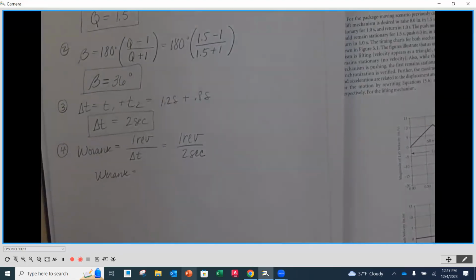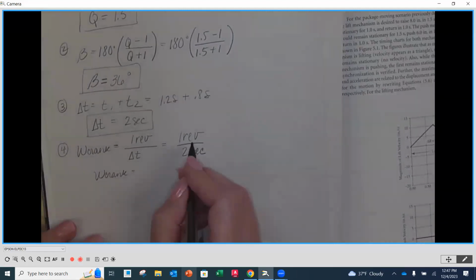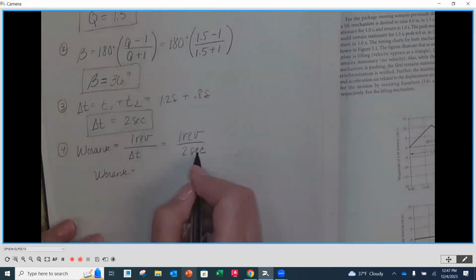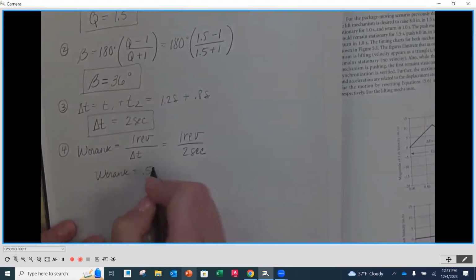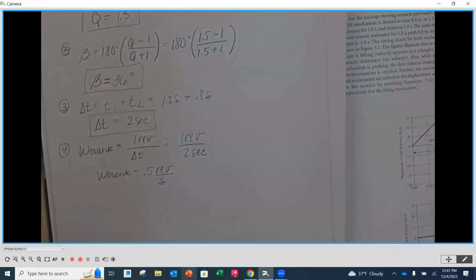You should get 0.5, right? Well, let's look. Yep. So 0.5 revolutions per second. Now, those aren't the units that we're going to use most often. So what do we want to change it to? RPMs. Yes, we want to change it to RPM.